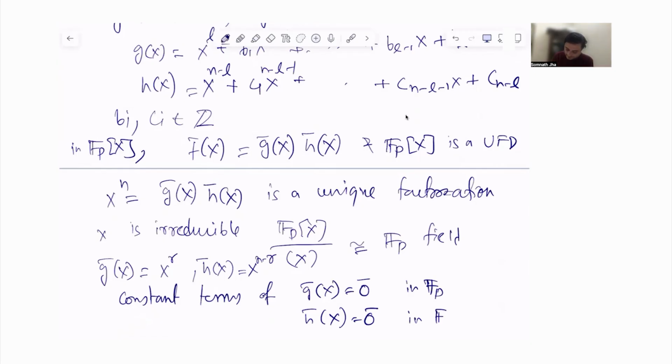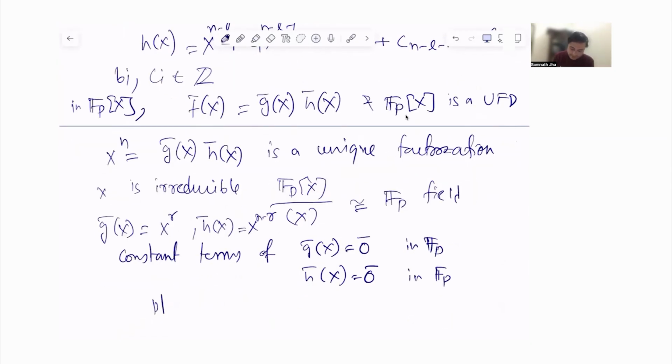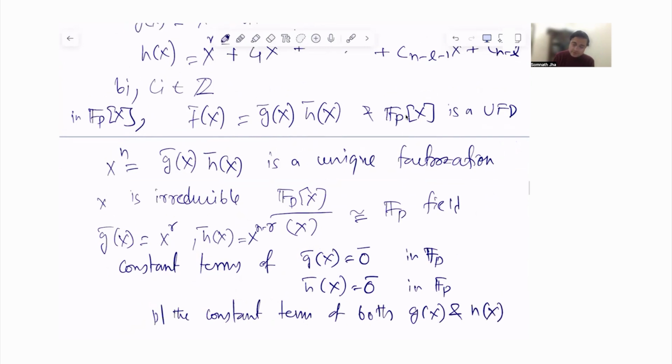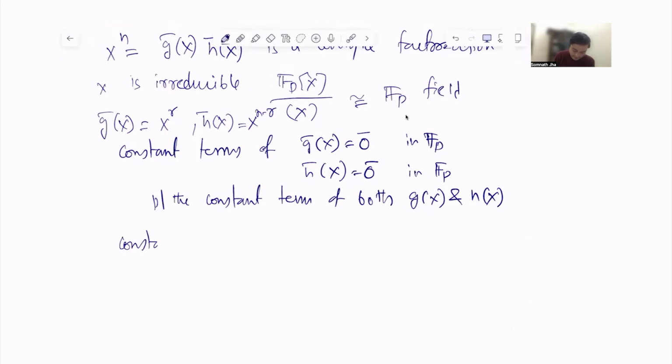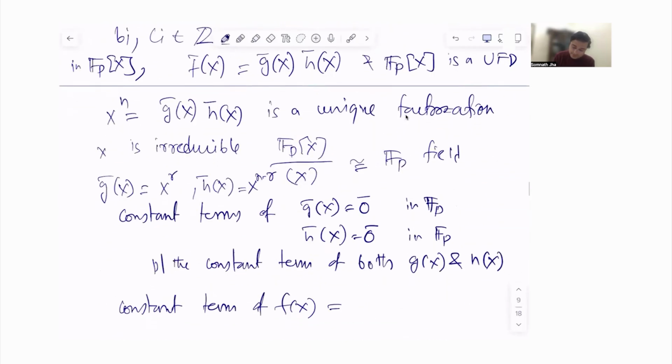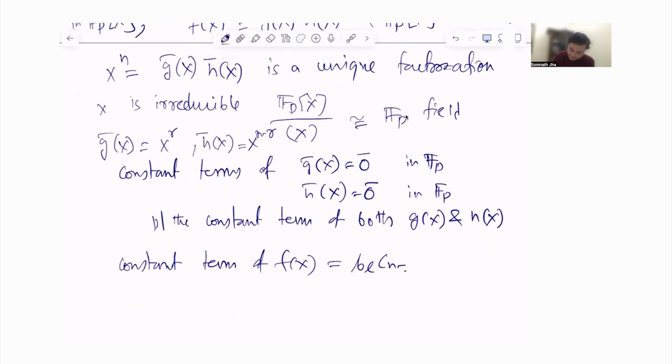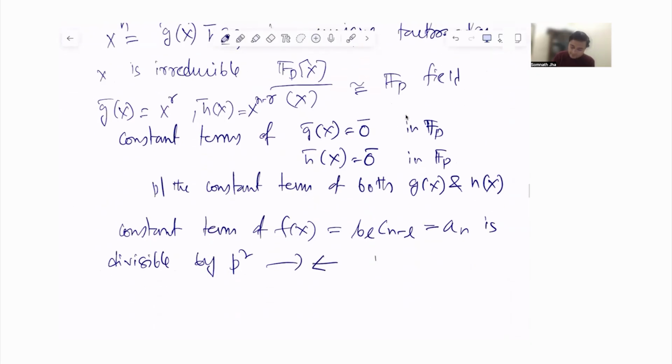So p divides the constant term of both g(x) and h(x), if I lift it to Z. But the constant term of f(x) equals b_l into c_{n-l}, which equals a_n. So it is divisible by p squared, and that's a contradiction because p squared doesn't divide a_n. That was the hypothesis.